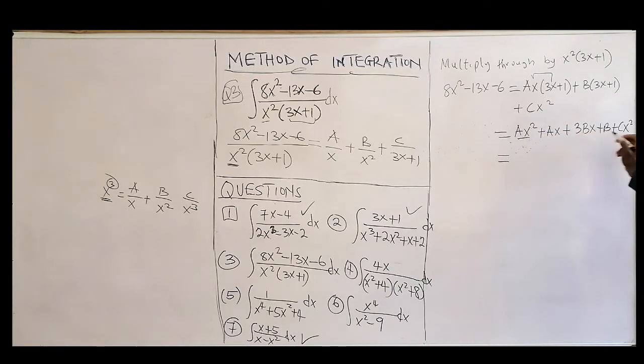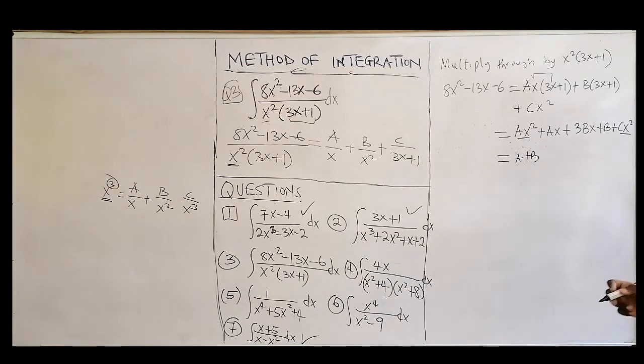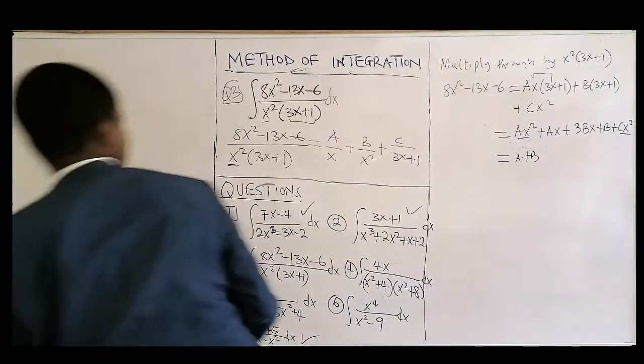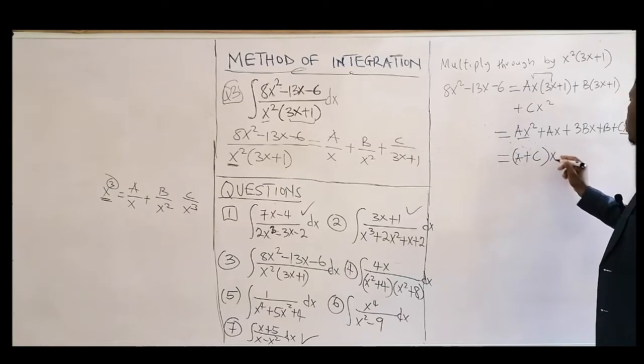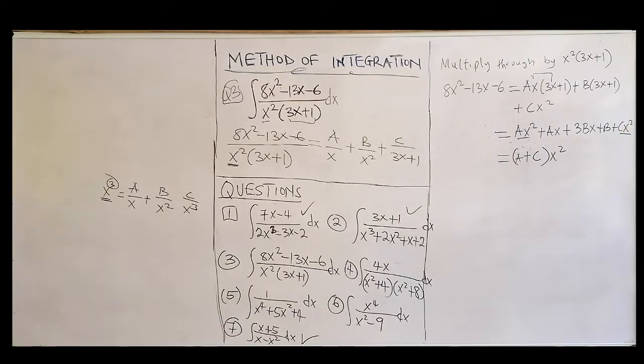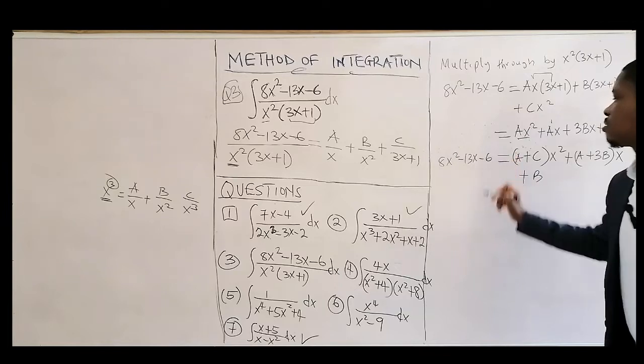This is x squared, this is x squared, so that will be (3A plus C) bracket x squared. For the x values, that'll be A plus 3B. Then for the constant terms, B. Okay, so equal to 8x squared minus 13x minus 6.